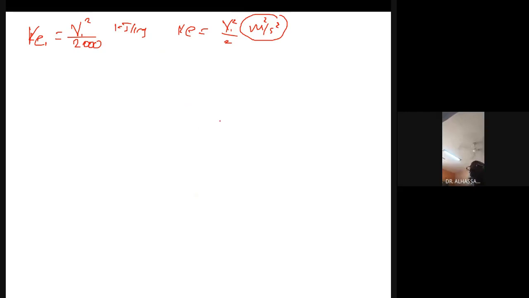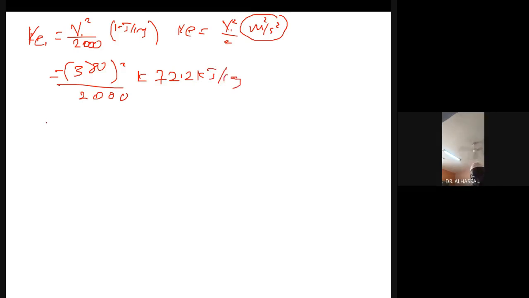So now we know the velocity at state 1. This gives me 380 squared divided by 2000. If you calculate this carefully, this gives you about 72.2 kilojoules per kilogram.